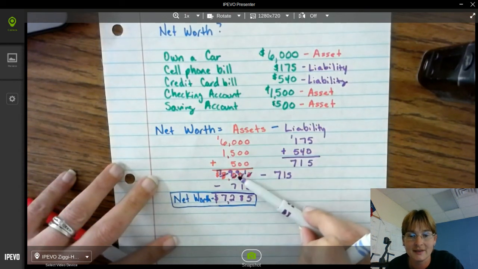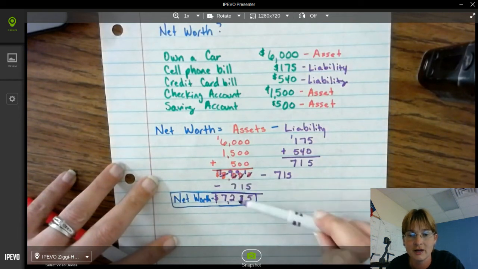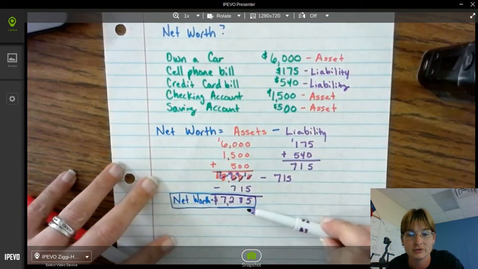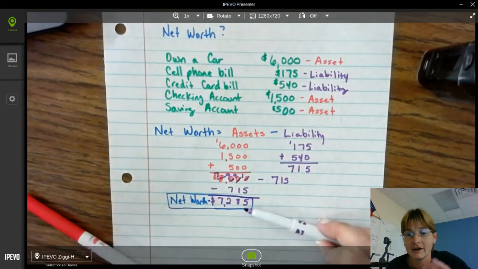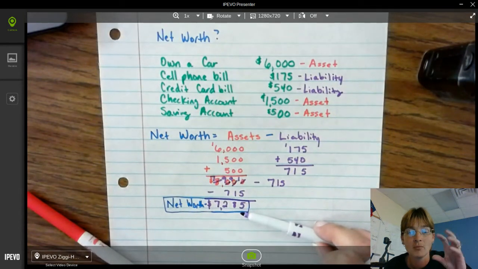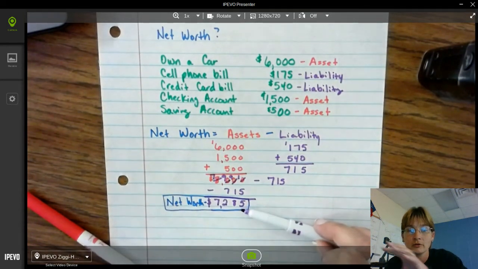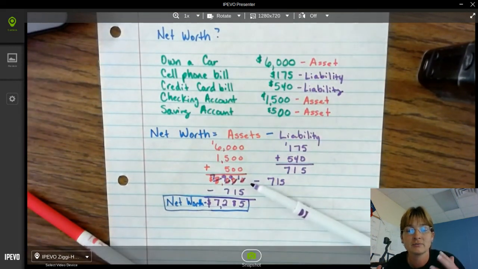Assets, remember, was 8,000. Liability was 715. When we subtracted those, we got a net worth of 7,285. So the big deal with net worth is determining what you have as assets, determining what you have as liabilities, taking all your assets and putting them together for a total, taking all your liabilities and putting them together for a total, and then subtracting them for the difference, and that tells you how much you are worth.